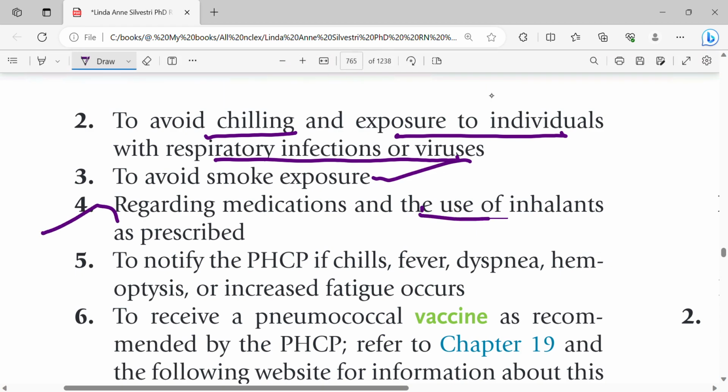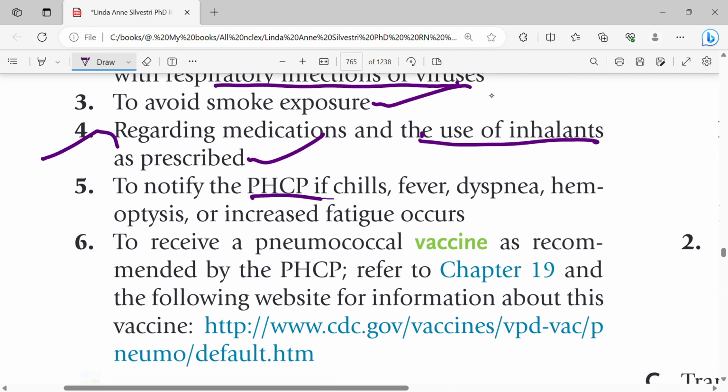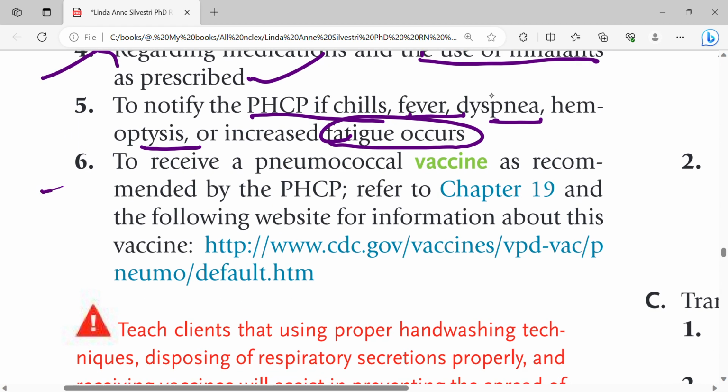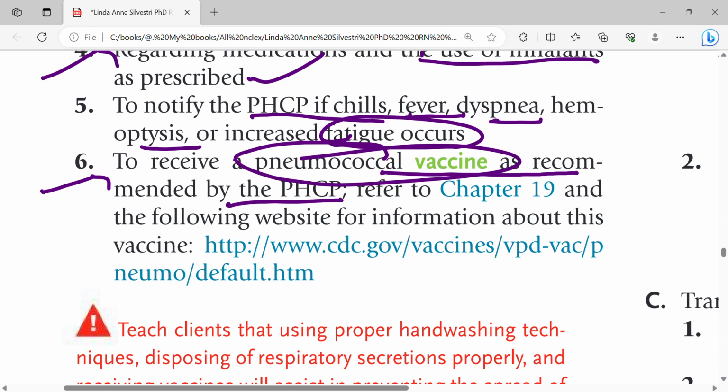Regarding the medications, use inhalants as prescribed. Notify the PHCP if chills, fever, dyspnea, and hemoptysis increase or fatigue occurs. Receive the pneumococcal vaccine as recommended by the PHCP. So the patient should get the pneumococcal vaccine.